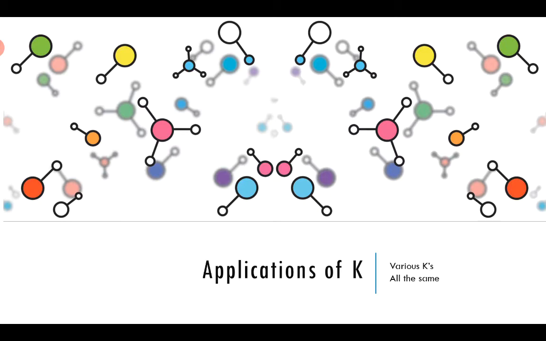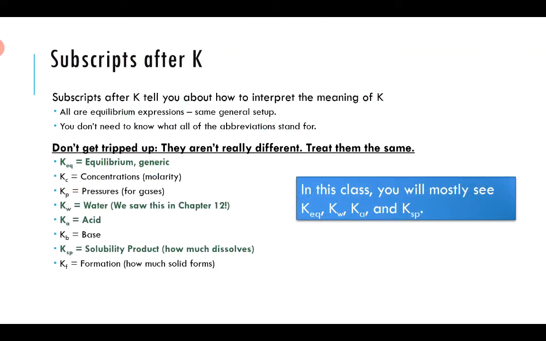All right, so now it's time to talk about those subscripts that we can write. There are a lot of different K's. Anytime you see a capital K in this chapter, that means you write your equilibrium constant.